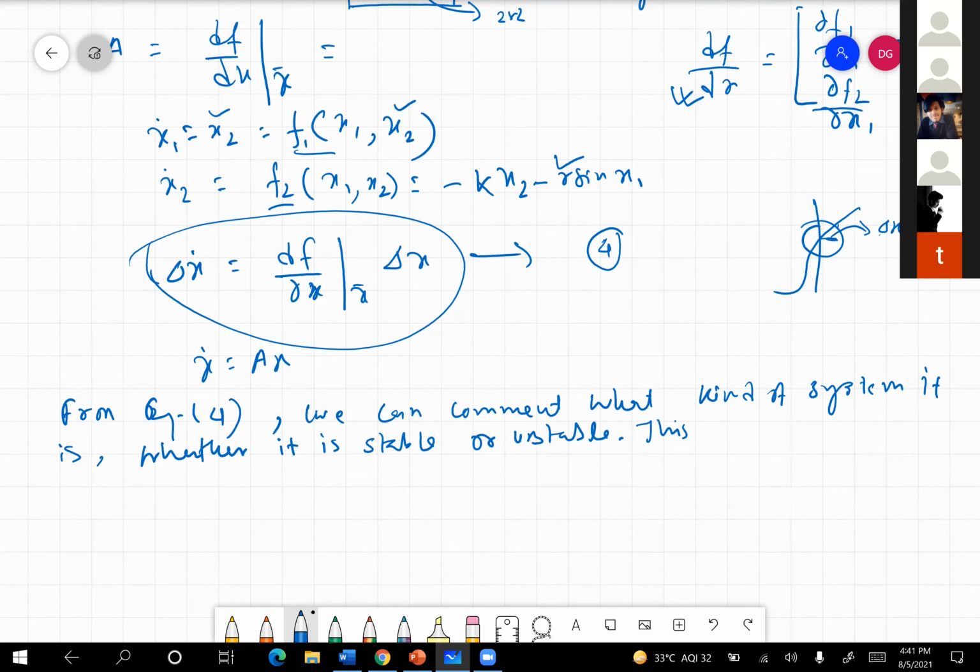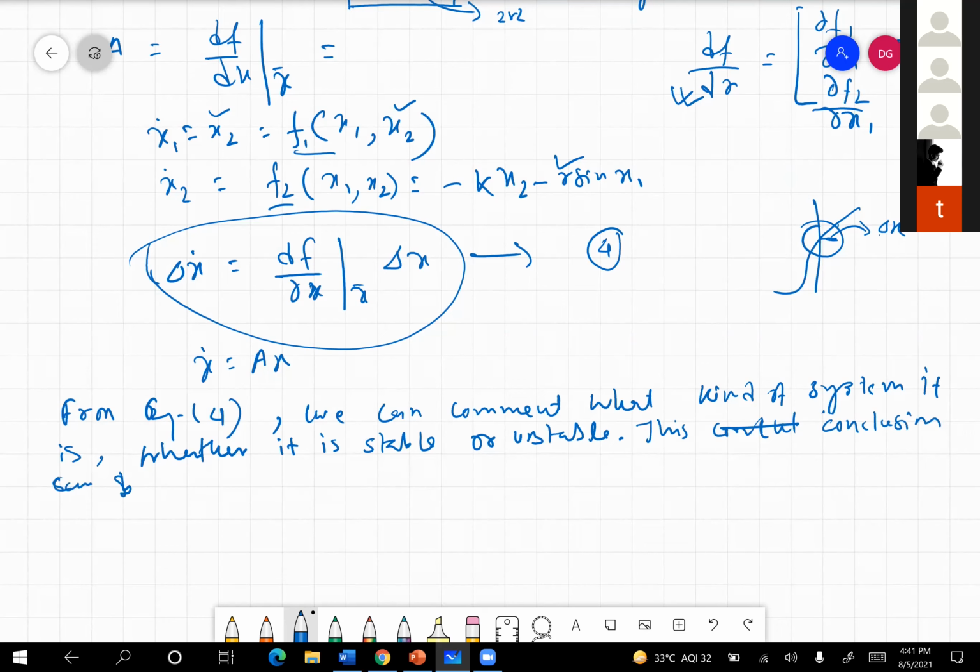This conclusion can be given based on the eigenvalues.